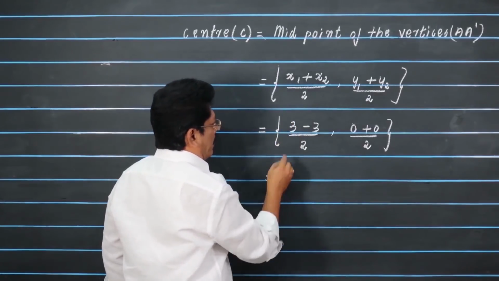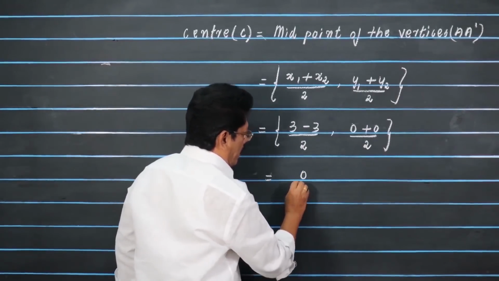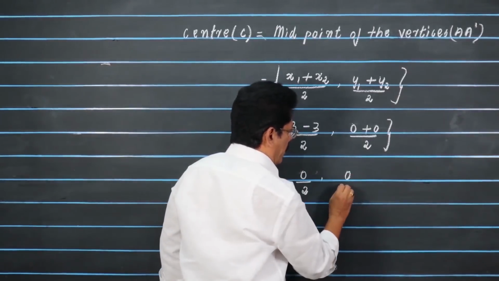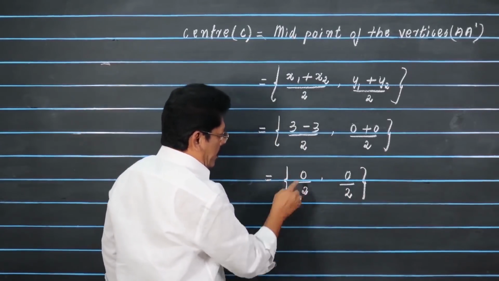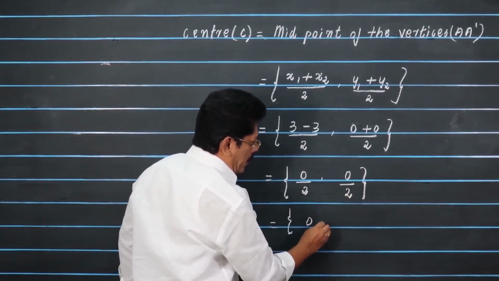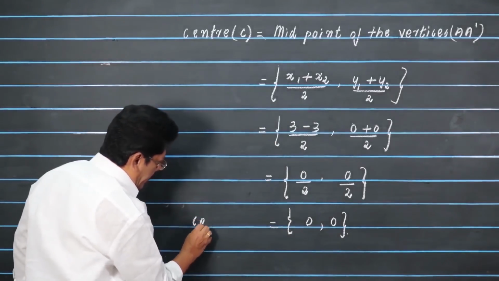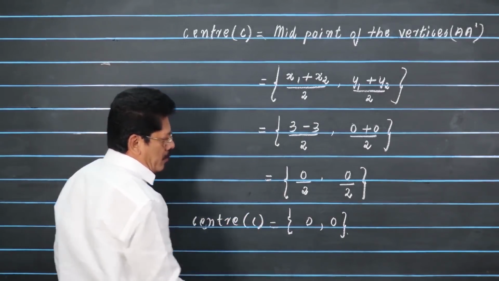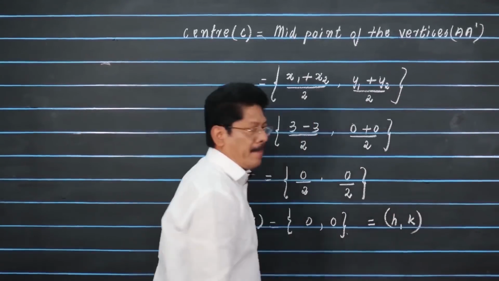Plus 3 and minus 3 will give you 0 by 2. 0 plus 0 will give you 0 by 2. 0 by 2 will give you 0. Similarly, 0 by 2 will give you 0. Therefore, center C is equal to 0, 0, that is equal to h, k.